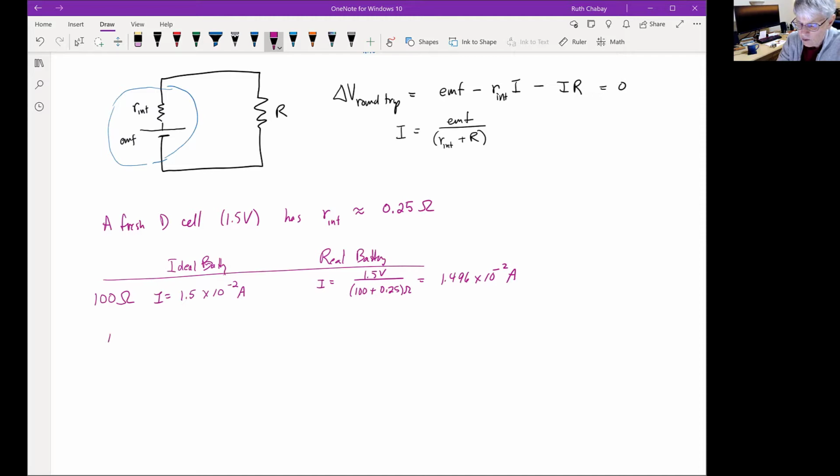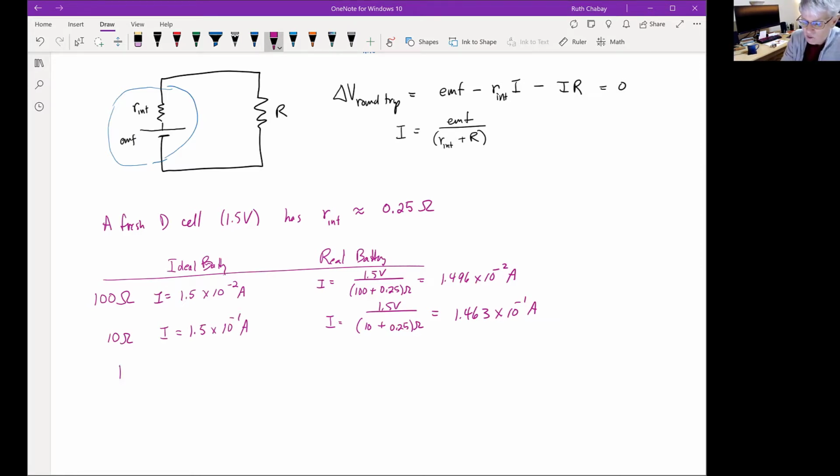Okay, for a 10 ohm resistor, for an ideal battery, we'd predict 0.15 amps. And for the real battery, we'd get 1.5 volts over 10 plus 0.25 ohms, and that would give us 1.463 times 10 to the minus 1 amp. And so that's not going to be a big deal, right?